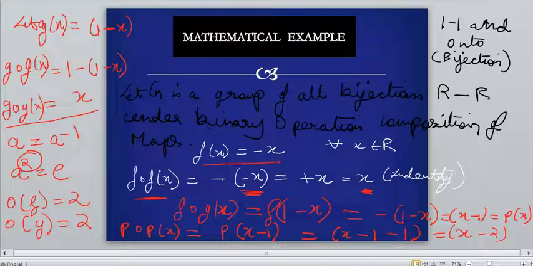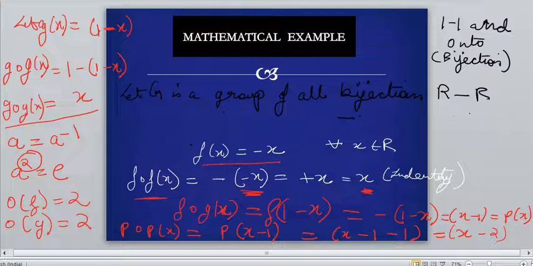Now if you continue this way, let's rub out something on top here, not the mathematics part, just a little bit of space is required. So if you look, x minus 2 is another function. If you do p of p, that is p square of x, then what are you getting?